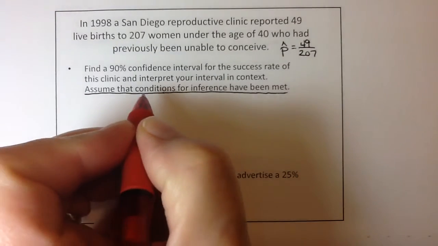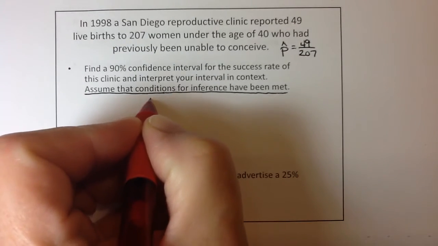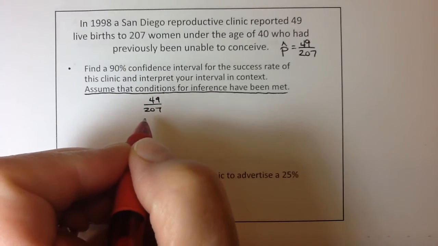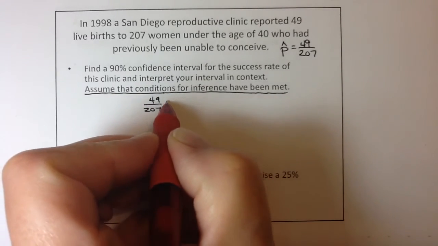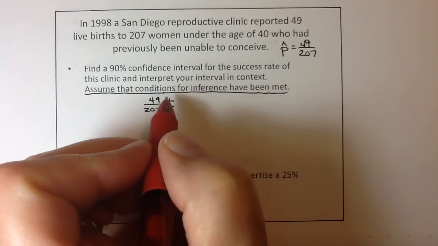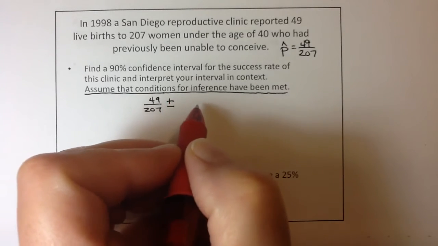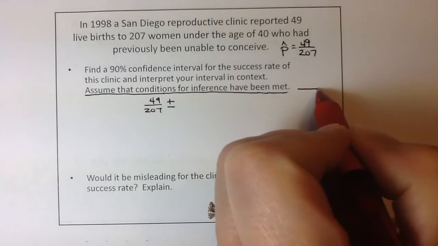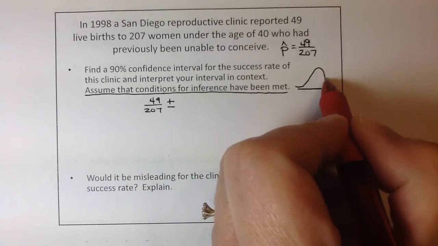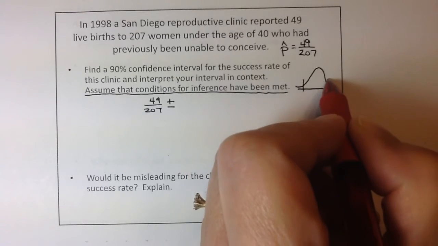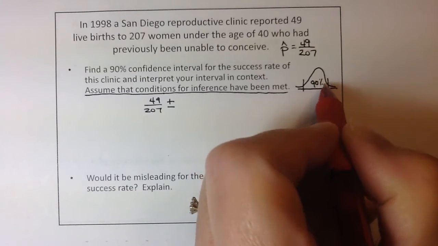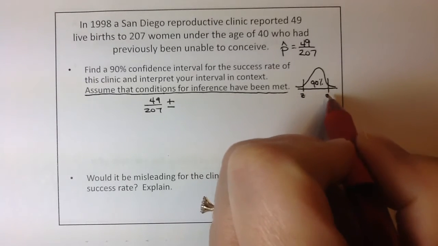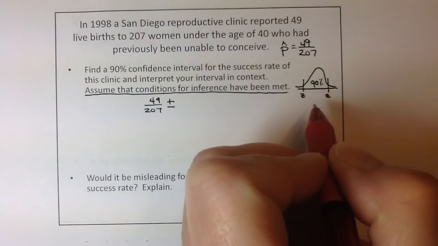So for confidence interval, we start with a p hat, which is 49 out of 207. This makes a not so friendly decimal, so I'm just going to keep it in fraction form. Plus or minus, and we need a Z star for 90%. So what does that mean? If we have a normal model and we want to capture the middle 90%, we want to know the Z-scores associated with each end of that.